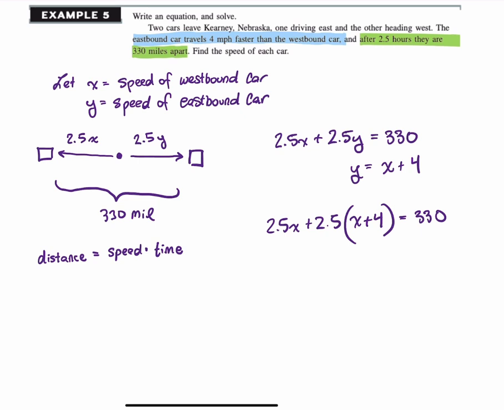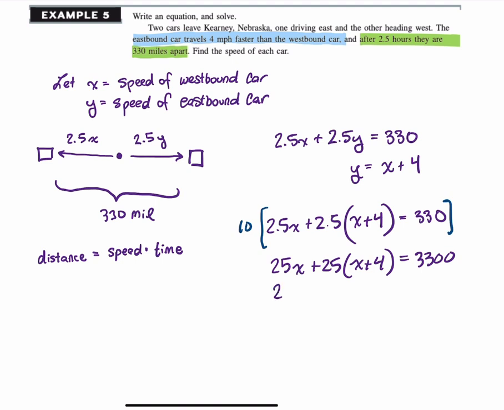Now let's solve for x. I'll get rid of the decimals. We can multiply everything by 10, and that will move the decimal place over one spot. So that would turn this into 25x plus 25 times x plus 4. And the 330 needs to be multiplied by 10 as well, so it picks up another 0, 3,300. All right, let's distribute this 25 through the parentheses.